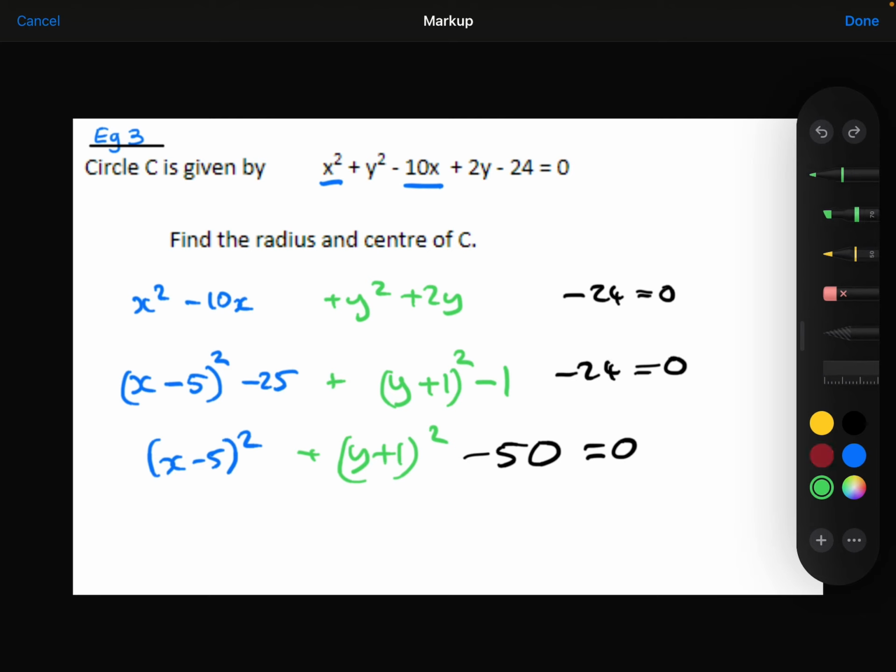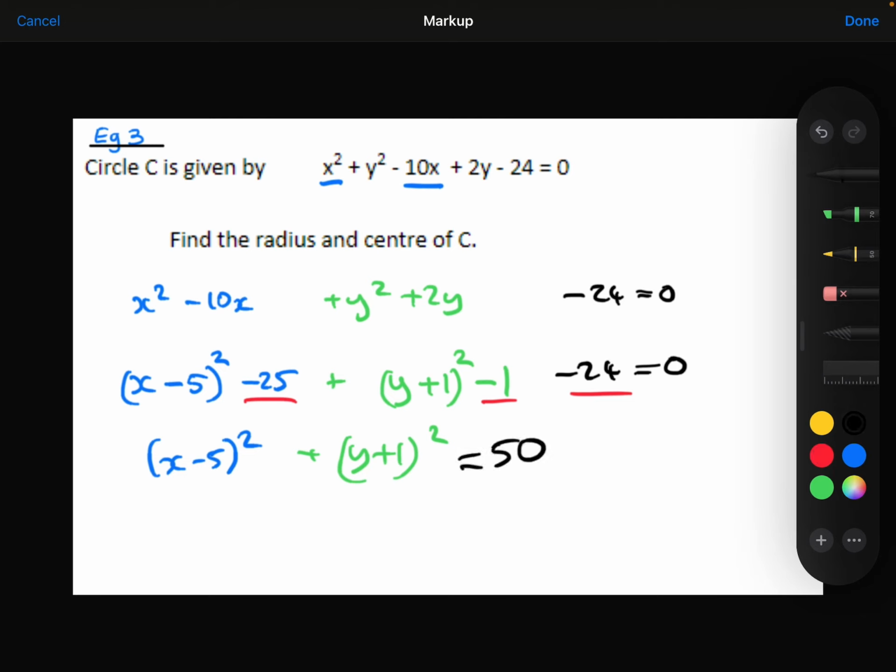Then what I've done is I've grouped up the minus 25, the minus 1 and the minus 24 to get minus 50. I'm then going to add that 50 to both sides.